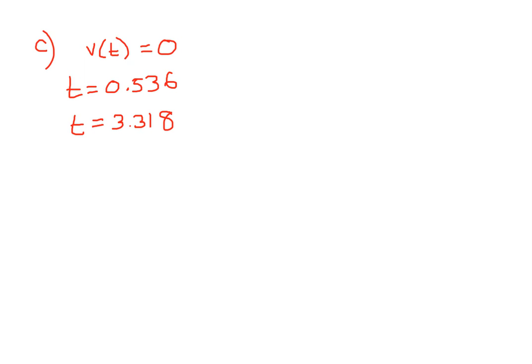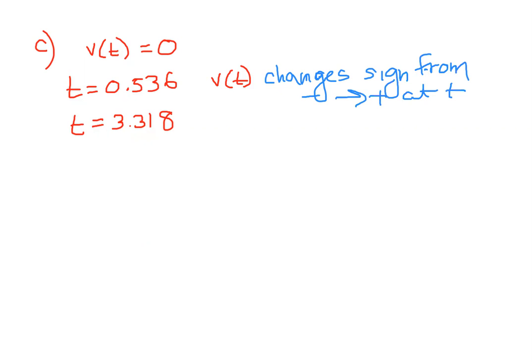So then you have to also show or state that v of t changes sign from negative to positive at t equals 0.536, and v of t changes from positive to negative at t equals 3.318.